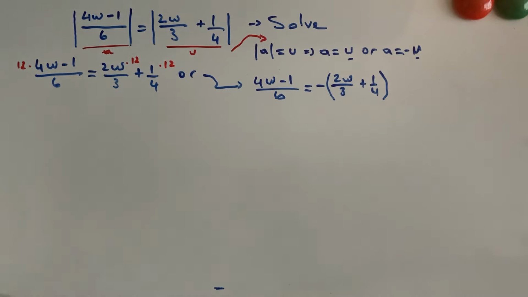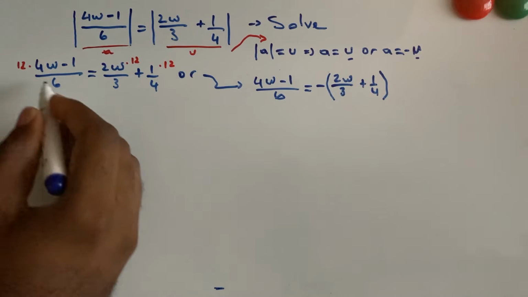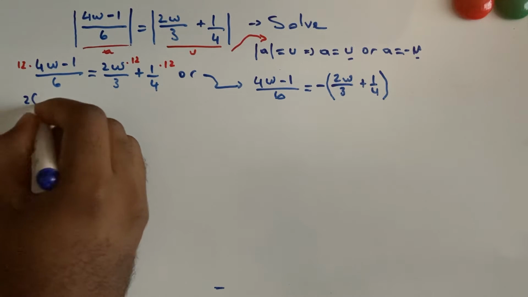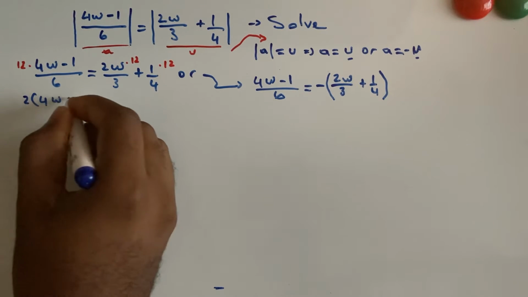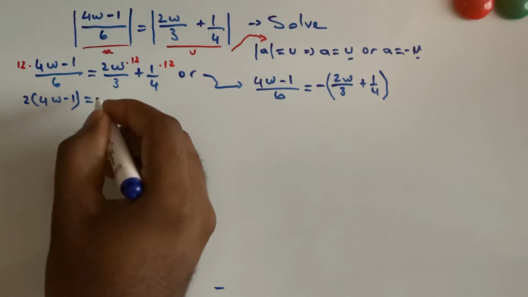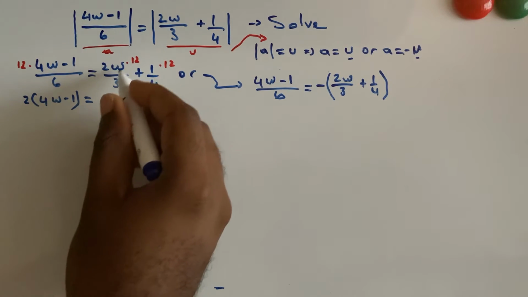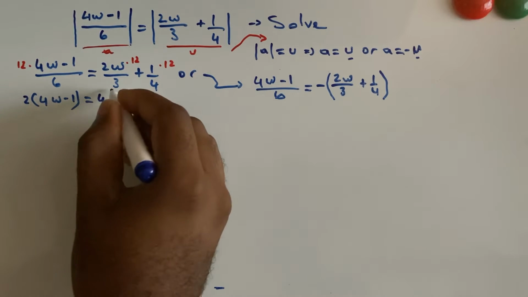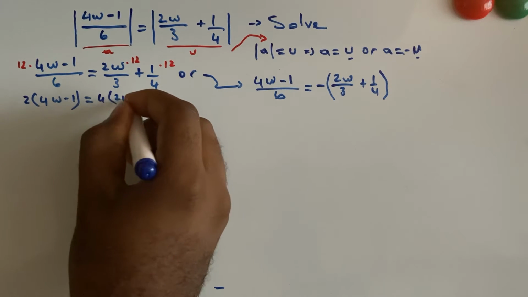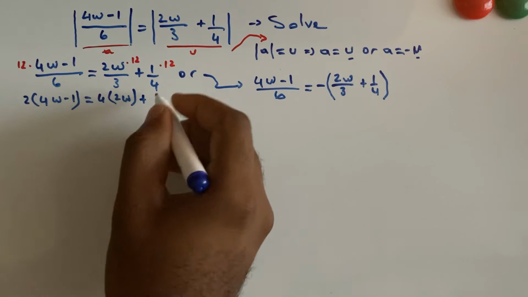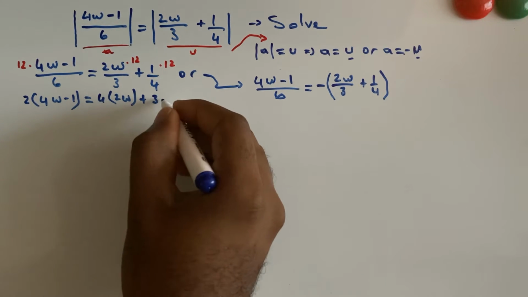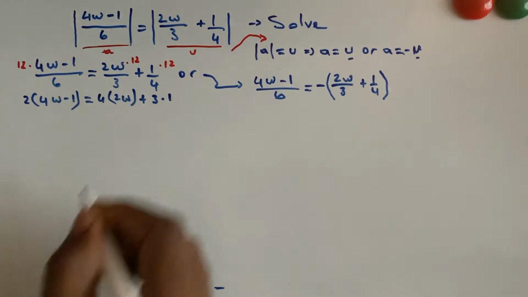So 6 goes into 12 2 times. So you're gonna have 2 times 4w minus 1 equals 3 goes into 12 4 times. So 4 times 2w plus 12. 4 goes into 12 3 times. So 3 times 1.